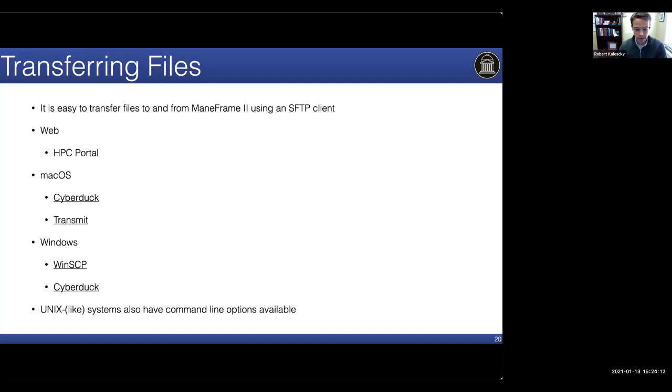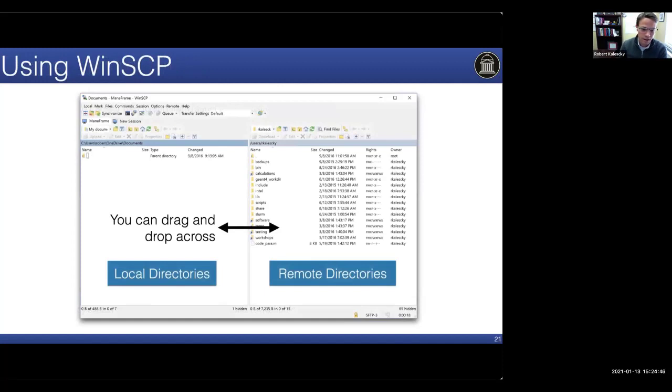And I should say that if you're using any sort of Unix-like environment, either on a Mac or a Linux machine, or something like Cygwin or WSL on a Windows machine, there are many, many command line tools that you can use to transfer files to and from M2. The unifying feature of all of these is that they need to support the SFTP protocol, which is not to be confused with FTPS, which is a completely different protocol.